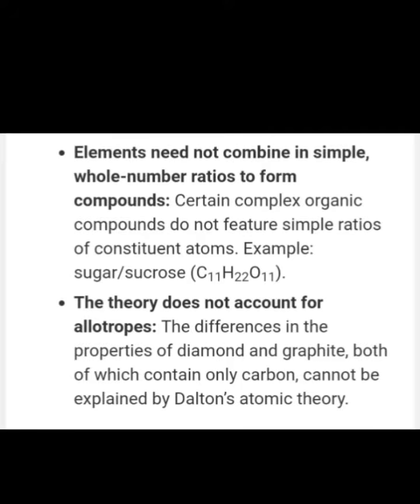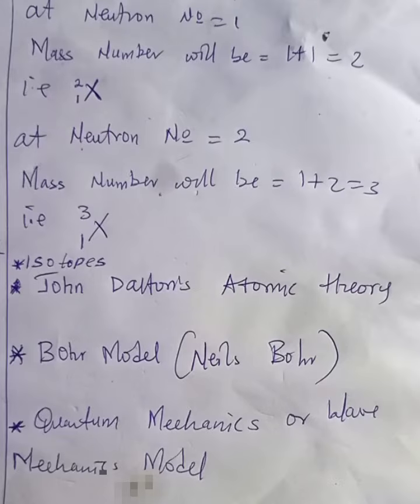The difference in the properties of diamond and graphite, both of which contain only carbon, cannot be explained by Dalton's atomic theory. So you can see the limitations of this theory, although we have discussed it. I just wanted you to know it better.